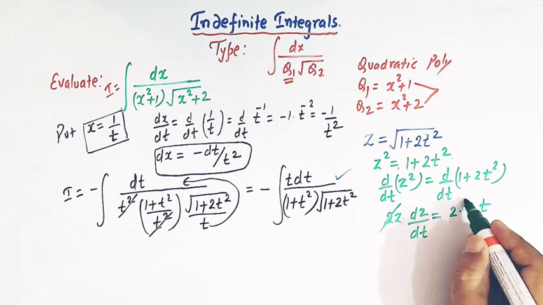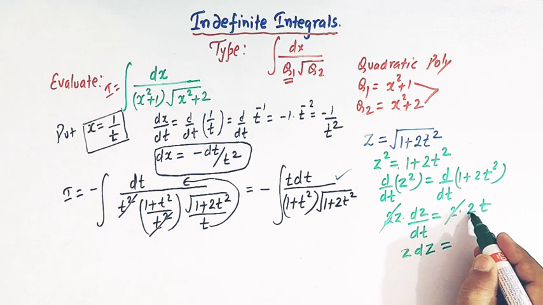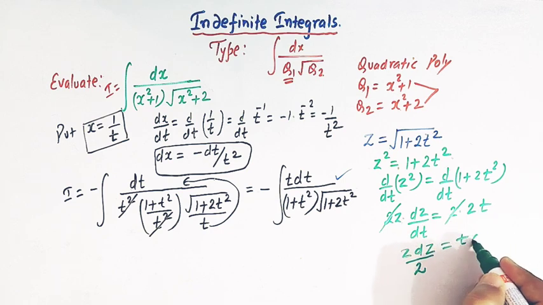So this 2 and this 2 get cancelled, so we are left with z dz, and here we can take this 2 to the denominator of z dz, and here we have t dt, right?